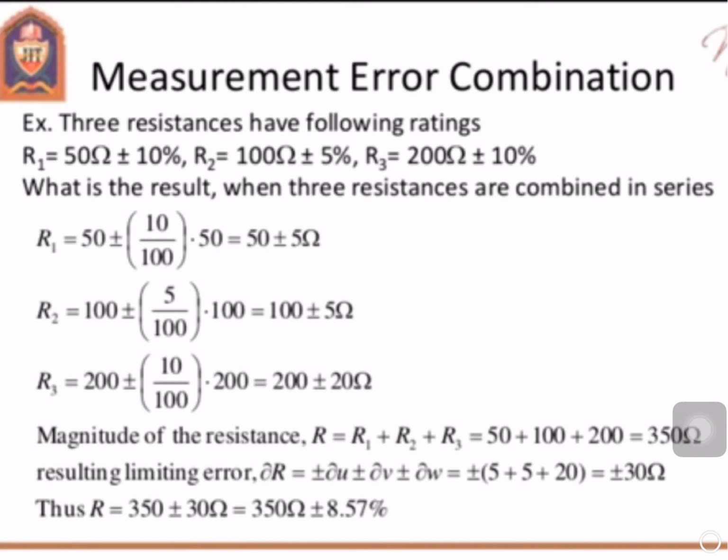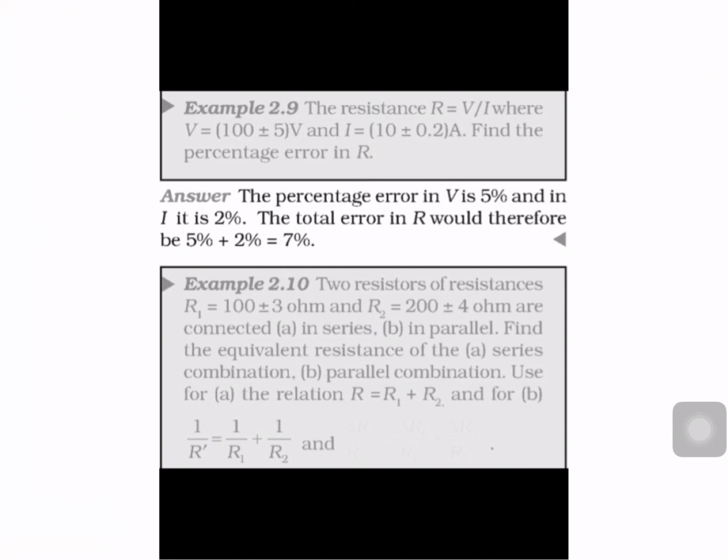Del R equals 5%, and then 5%, and then 10%, sorry, 20%. So you get 30%, that is 350 plus or minus 30%. This is the way you can measure the combination of errors in the case of addition or subtraction.